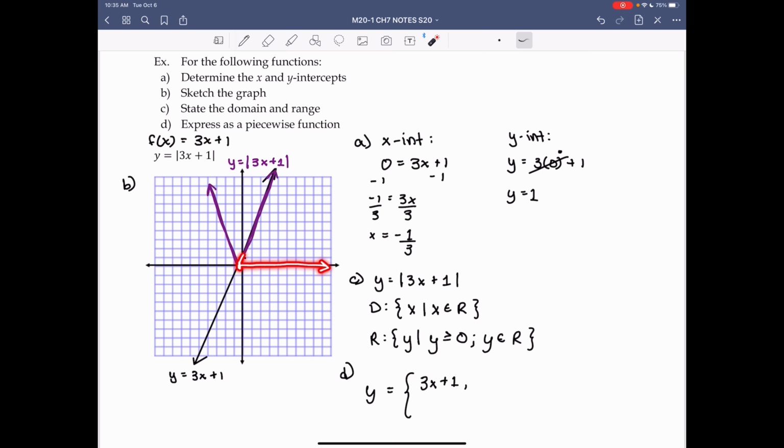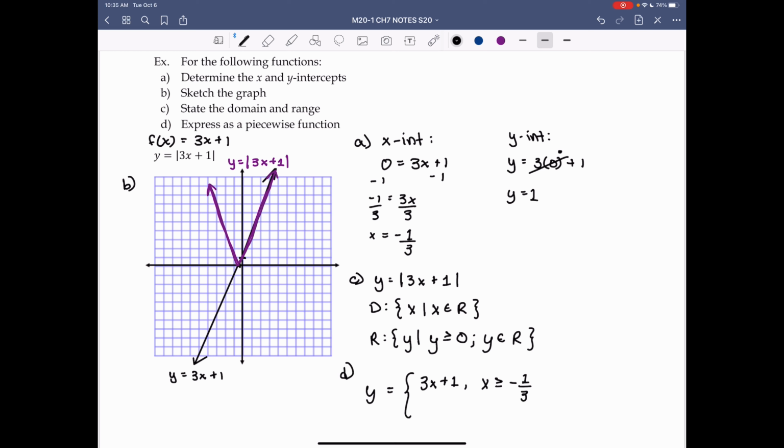That portion of our function 3x plus 1 and absolute value of 3x plus 1 were the same. So the absolute value of 3x plus 1 is the same as f of x equals 3x plus 1 when x is greater than or equal to the x-intercept of negative 1 over 3.